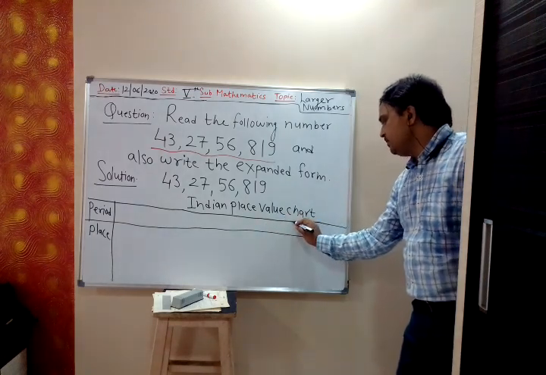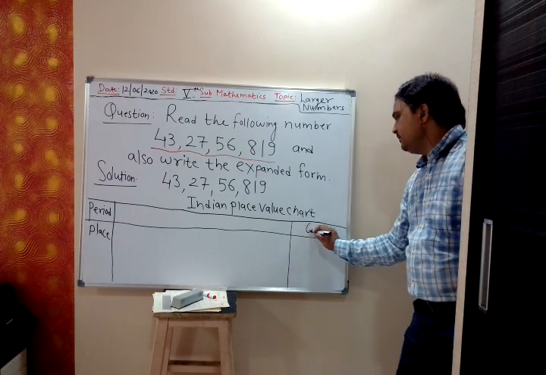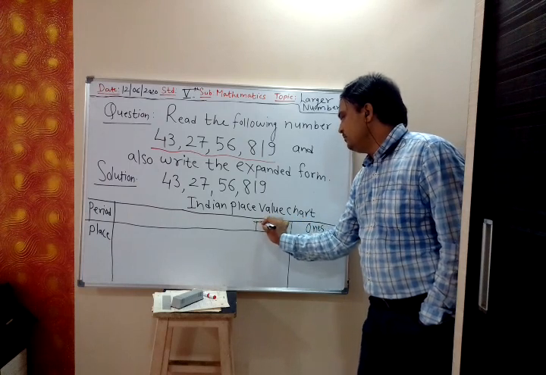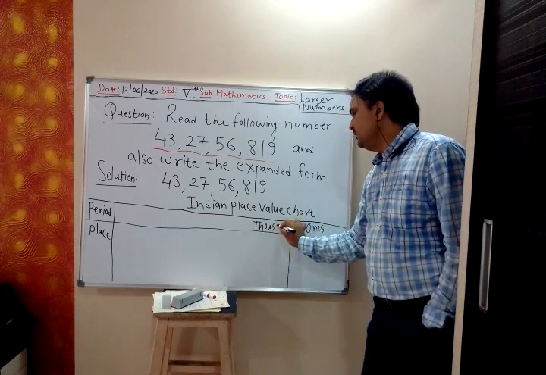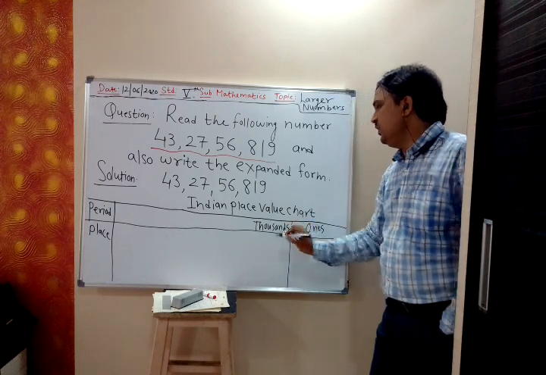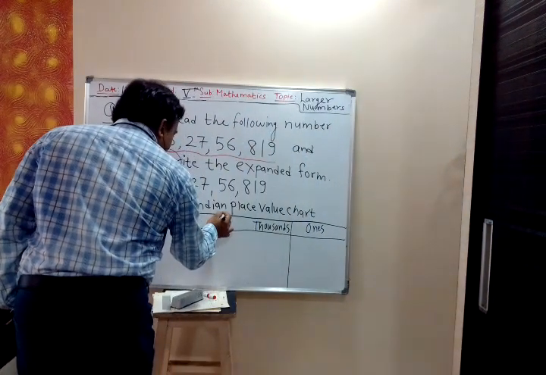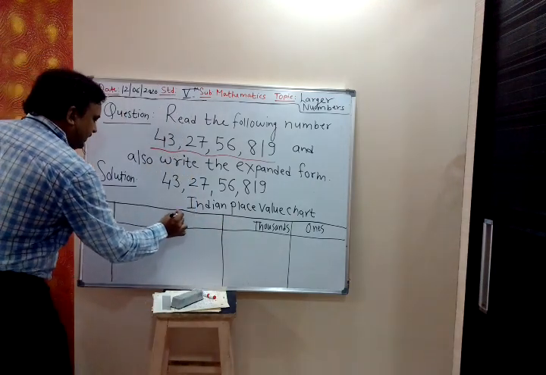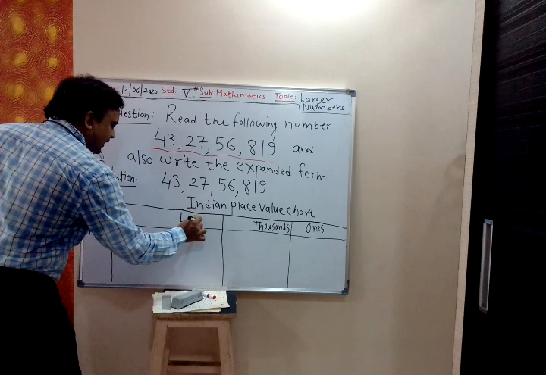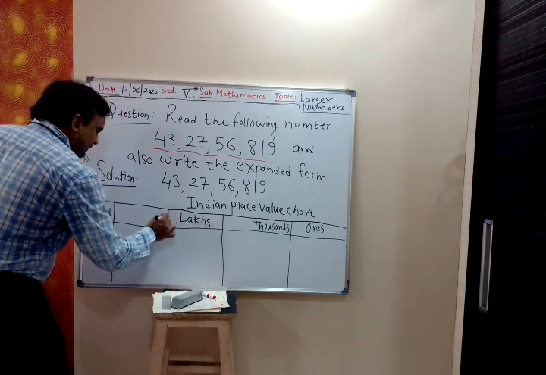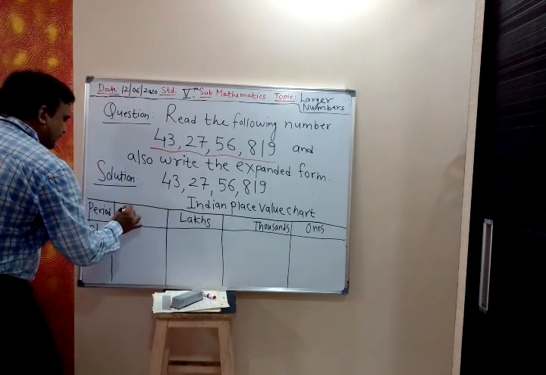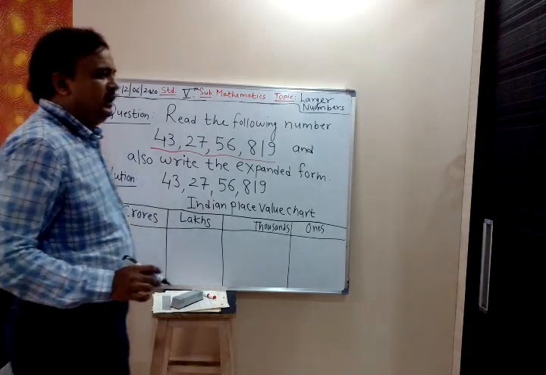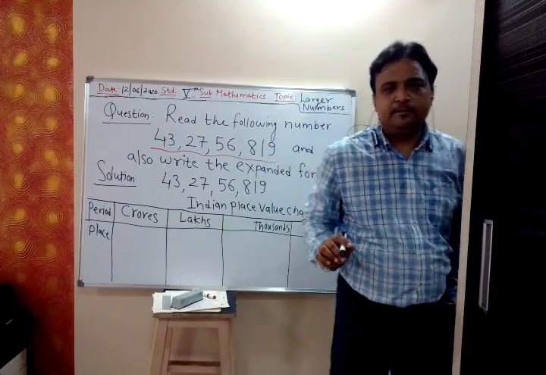We have ones, then thousands, then lakhs, then crores. Screen is not clear. In my mobile it is clear.